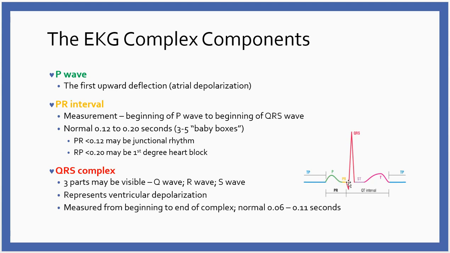But then we go back to flat, we get another bump, and then we go back to flat. This is that baseline that I was telling you about. This is the isoelectric line. Nothing electrically is going on here, here, here, and here. And so I can draw an imaginary line, and when there's not a waveform, everything should be back on that imaginary line. That's what's called isoelectric.